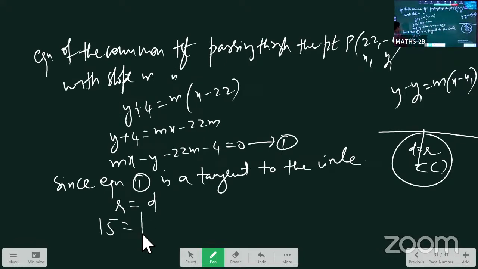What is the center? I am considering the first circle only. Your center is minus 11 comma 2, from the previous board.